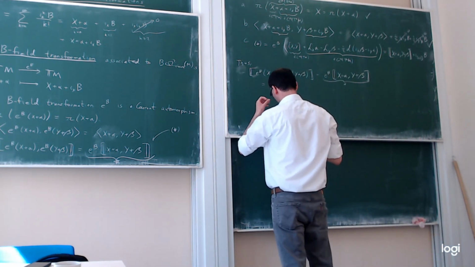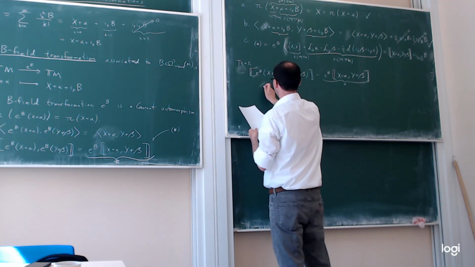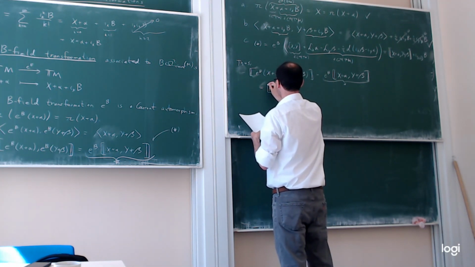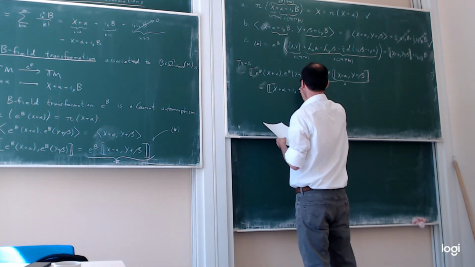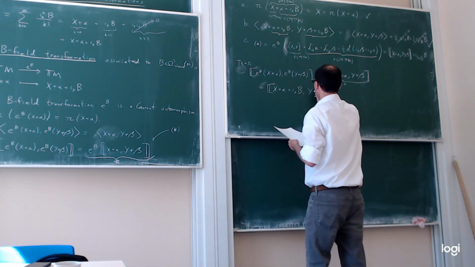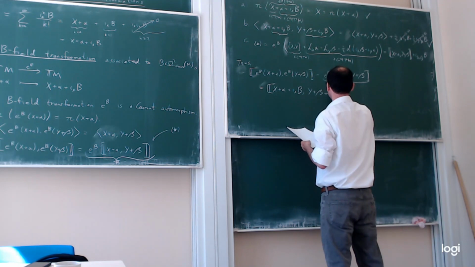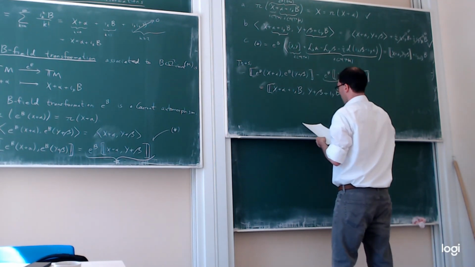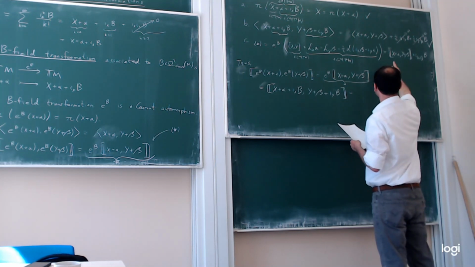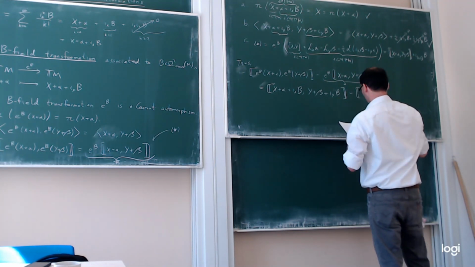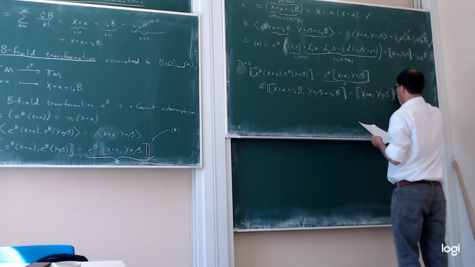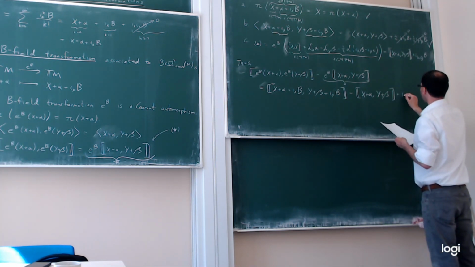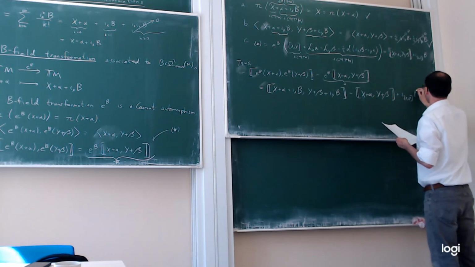So rewriting both terms here, we get that this is equal to the Courant bracket of x plus alpha plus the interior product of x with b, y plus beta plus the interior product of y with b, minus, and now plugging in for star, the Courant bracket of x plus alpha, y plus beta, plus the interior product of the Lie bracket of x and y with b.